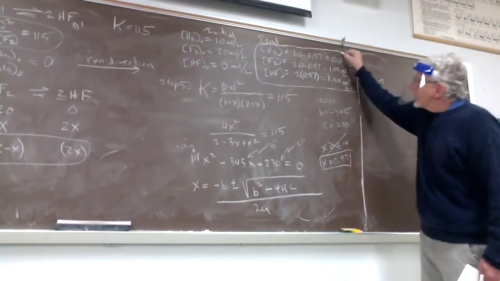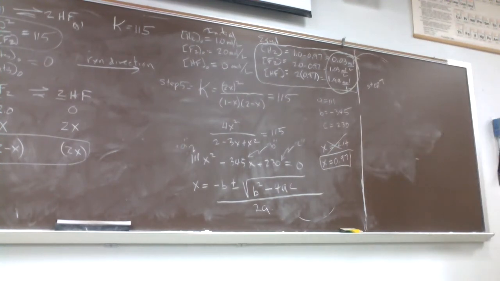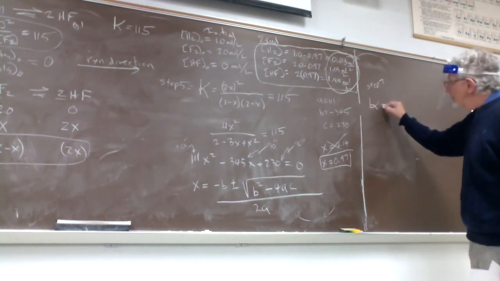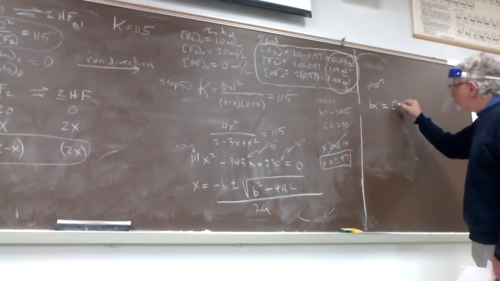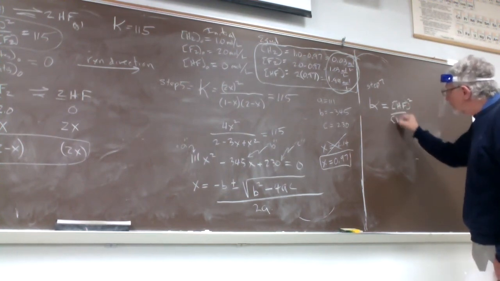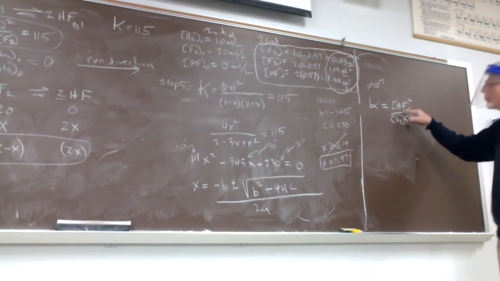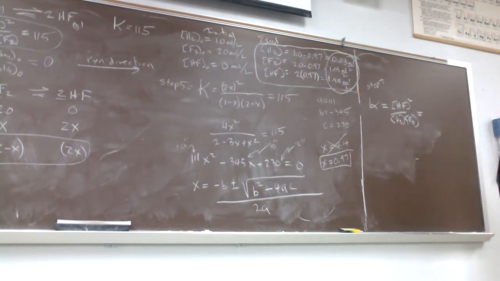The check, step 7, is simply taking the equilibrium concentrations that you calculated based on this approach and plugging them back into the equilibrium constant expression. So K is equal to HF squared over H2 times F2. We'll plug in these concentrations that we just calculated based upon our steps 1 through 6.